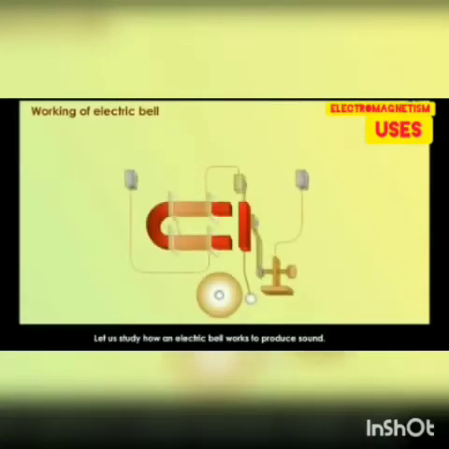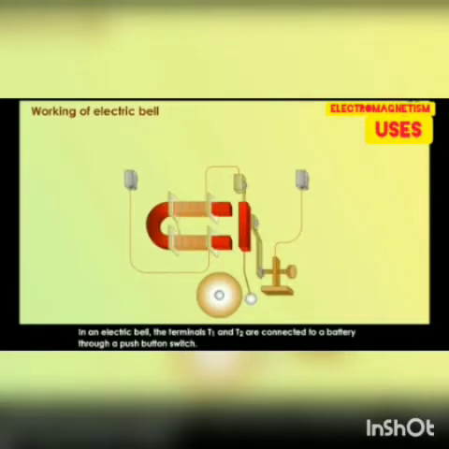Working of electric bell. Let us study how an electric bell works to produce sound. In an electric bell, the terminals T1 and T2 are connected to a battery through a push button switch.